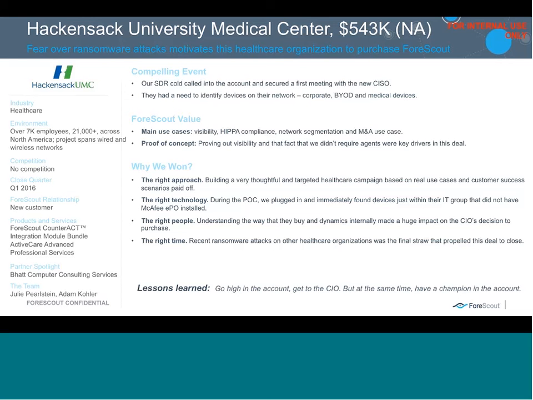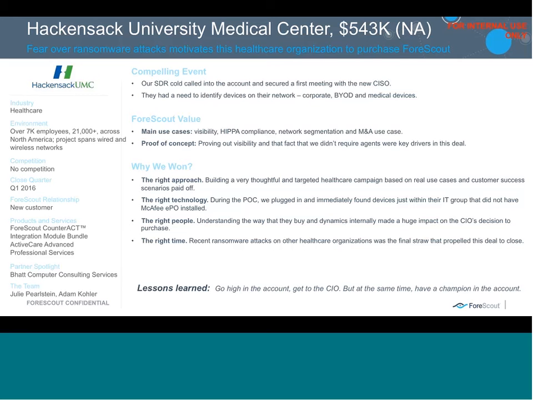Now, lessons learned. Typically you would go in with a NAC product and talk to the network team. Well, the network team doesn't have the money anymore. What you're seeing is that the money is rolling up to the business owners and to the CXOs who have to make the final decision.